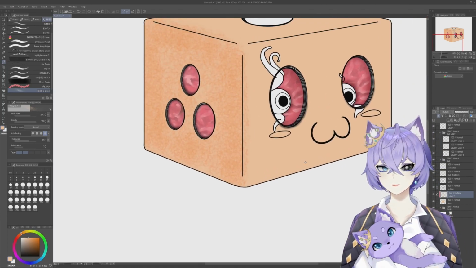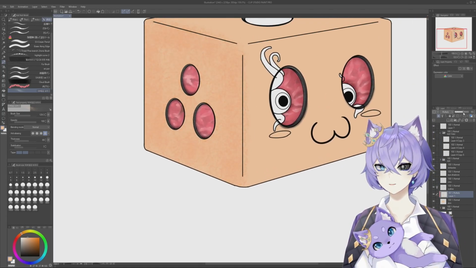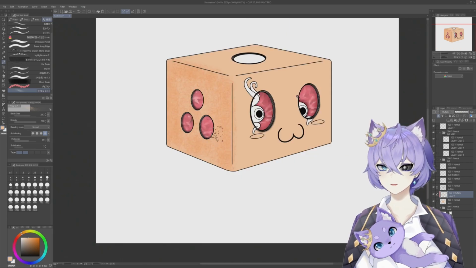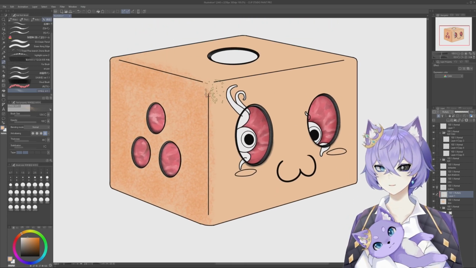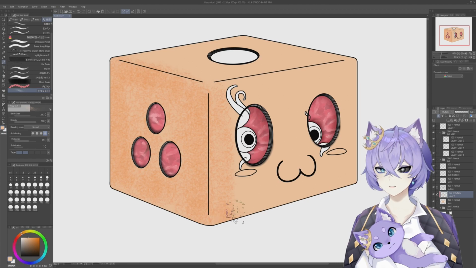I'm unsure if that is the effect we want. Let me lay it down on each one and then we'll see, because each face is going to have a slightly different texture to it.